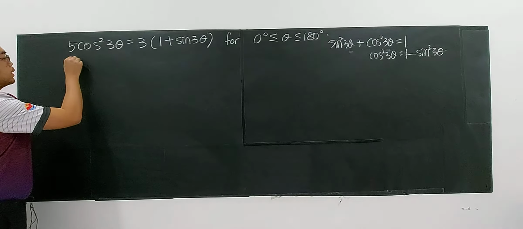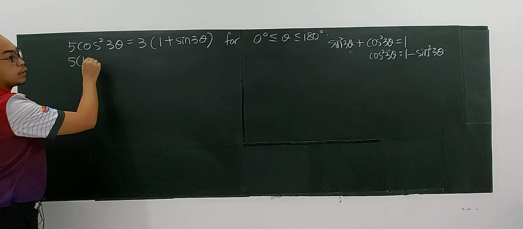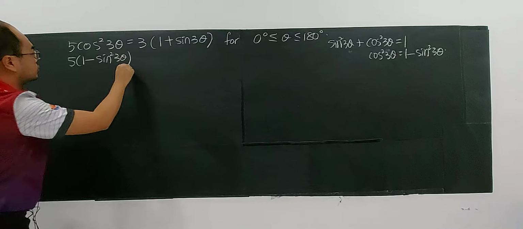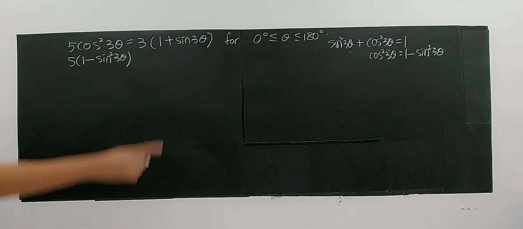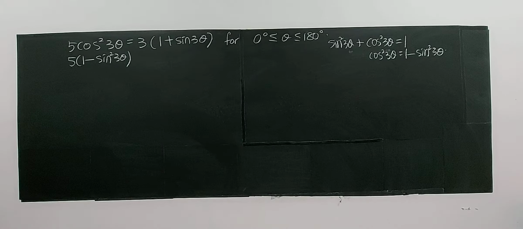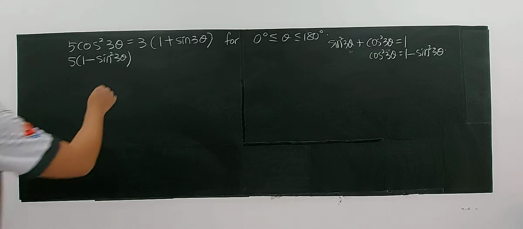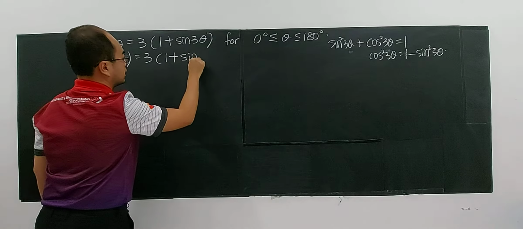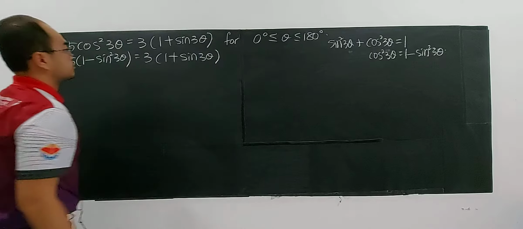So then you can replace this whole thing with 1 minus sine square 3 theta, so that everything is in terms of sine 3 theta. Then you have 3 times (1 plus sine 3 theta).